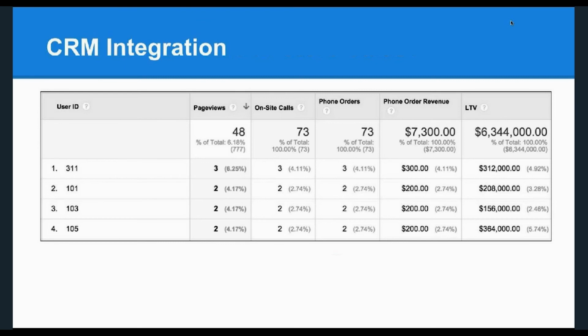And the last thing that we do is pull data about this user from the CRM. We are putting in their lifetime value. So again, we can then segment and understand what makes the group of users that spend the most money on our brand, or that will spend the most money, what makes that segment unique, and how we can remarket to that segment or how we can target that segment.